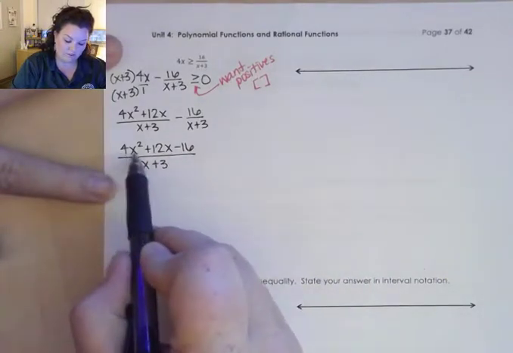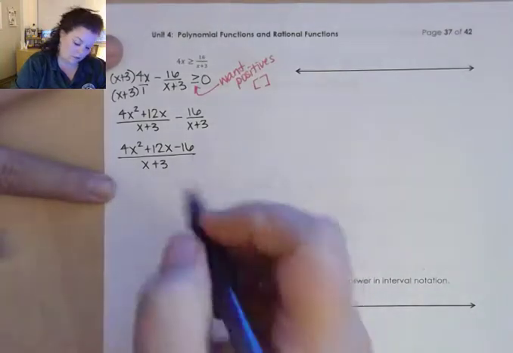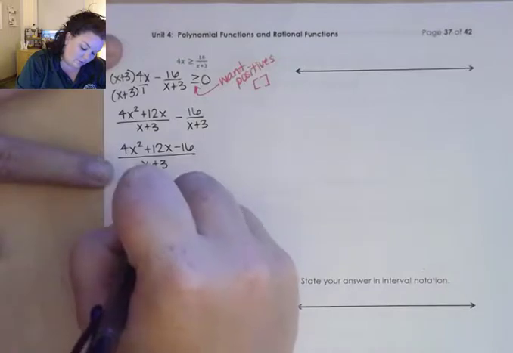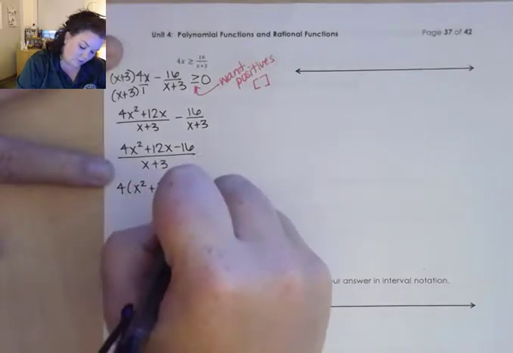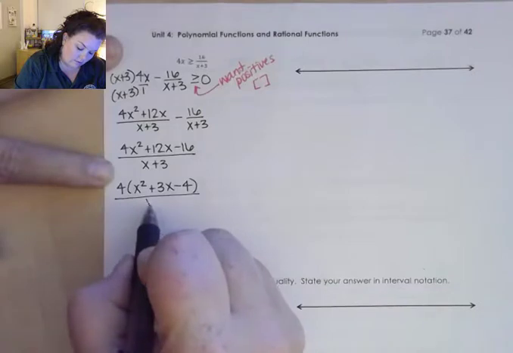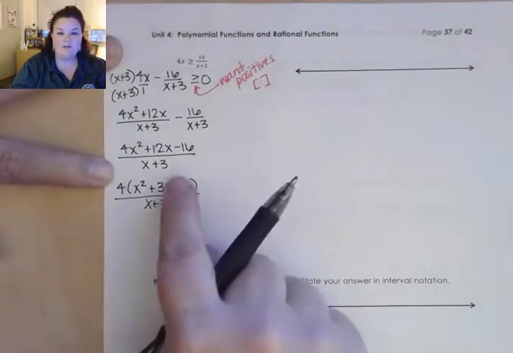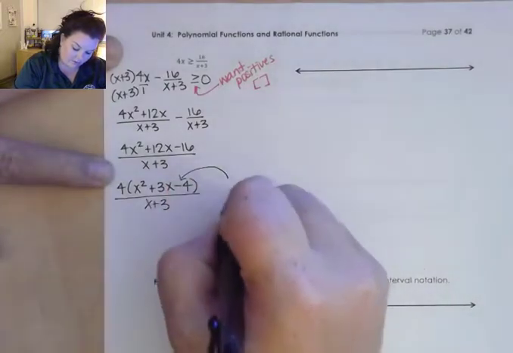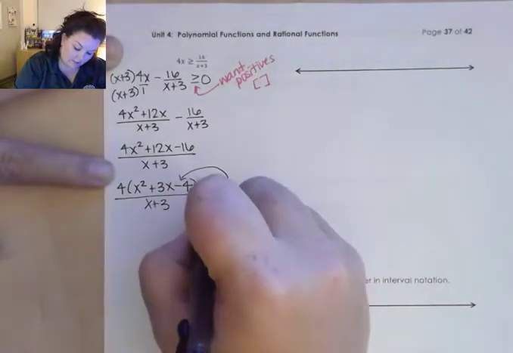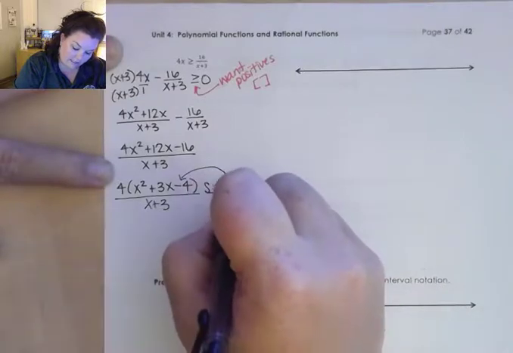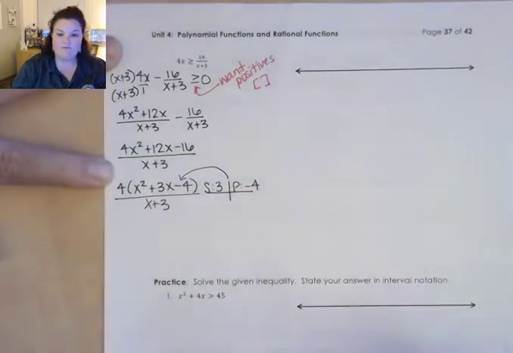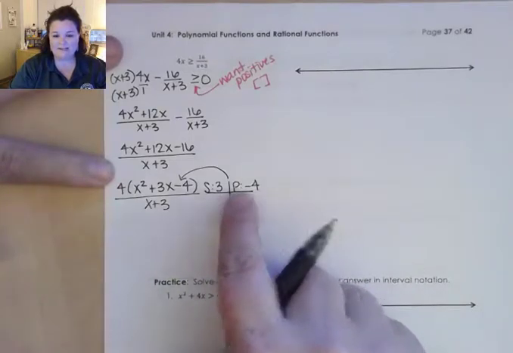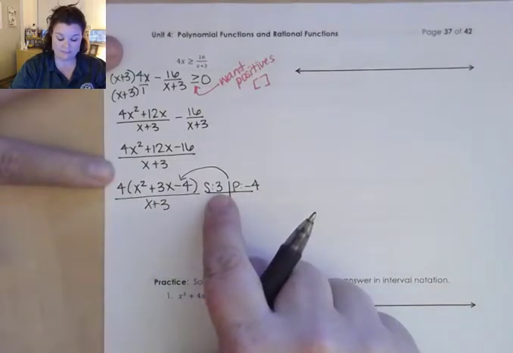On top, I notice every single term is divisible by 4. So I'm going to go ahead and take a 4 out. That's going to leave me with x squared plus 3x minus 4. And that's all over x plus 3. And then I want to try to factor this so I can easily see what the zeros are. So in order to factor this, I'm going to use my sum product chart. My sum is a 3, and my product is a negative 4. So I need something that I can multiply to get negative 4, that I can combine to get positive 3, right?